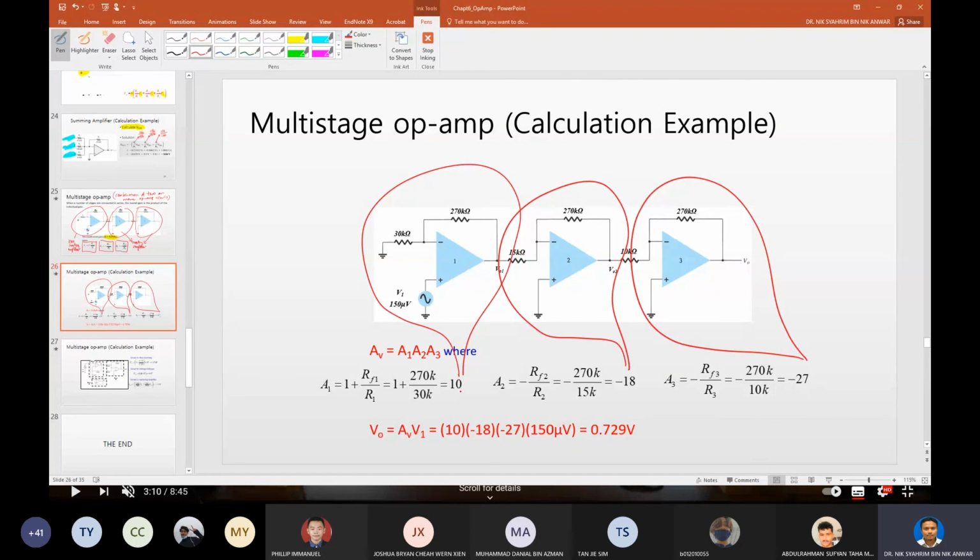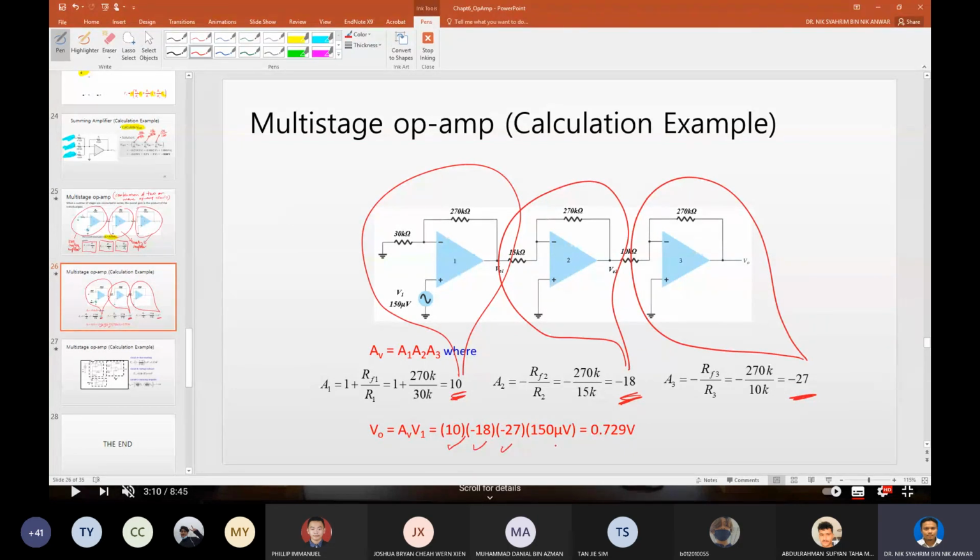So you get the gain for the first part, you get the gain of 10. For the middle inverting amplifier, you get minus 18, and the last one, the third one, minus 27. So 10 multiply minus 18 multiply minus 27.